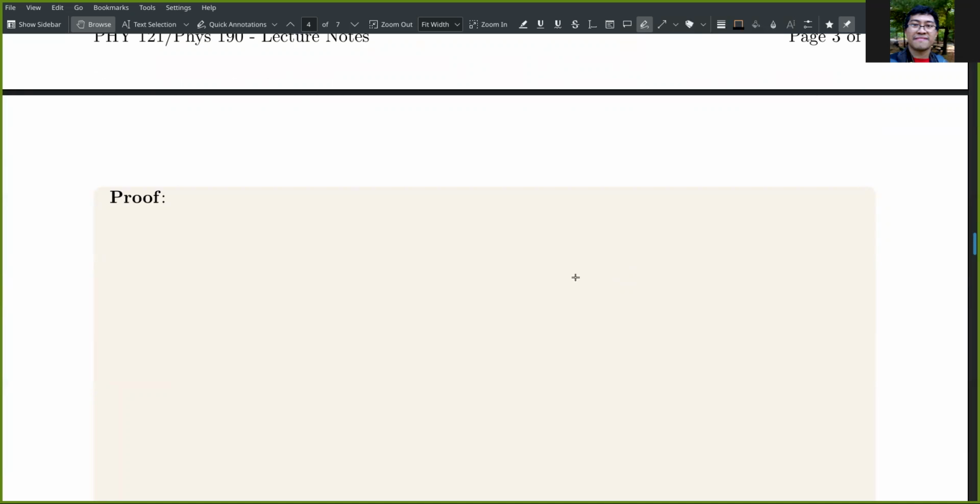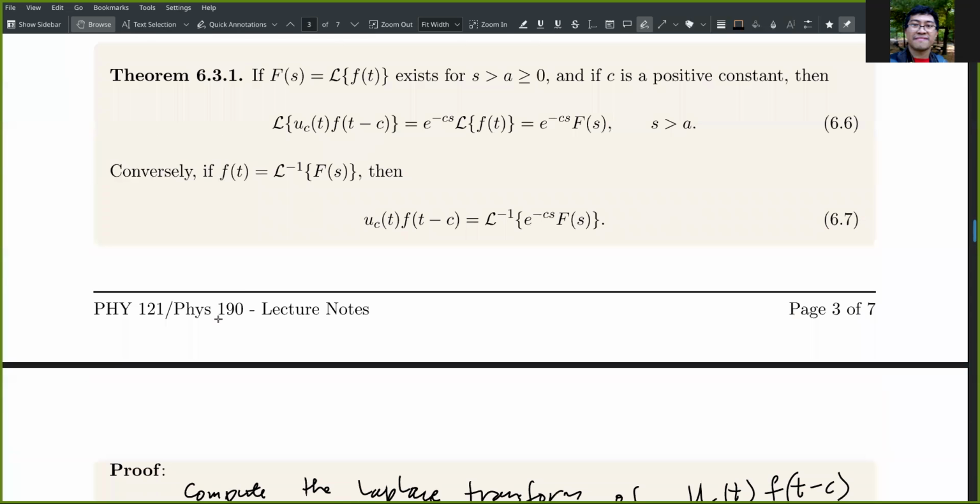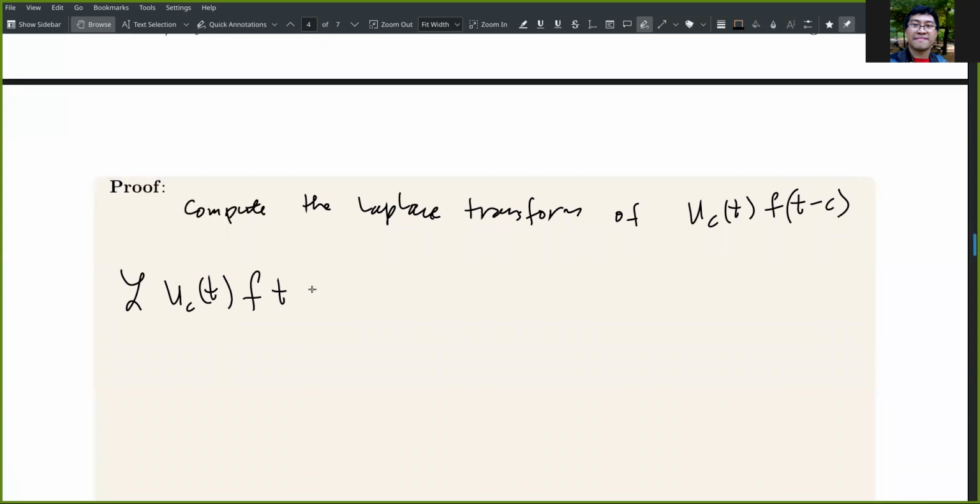To prove this, we compute the Laplace transform of u_c(t) f(t minus c).